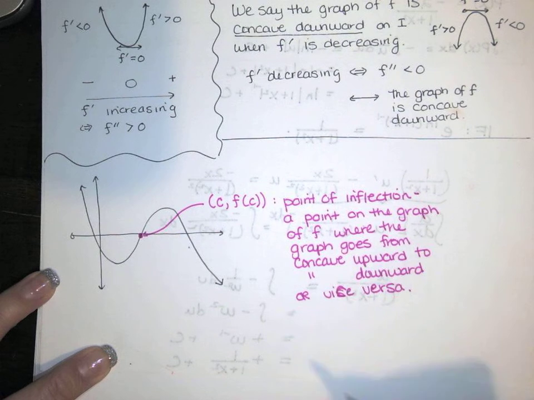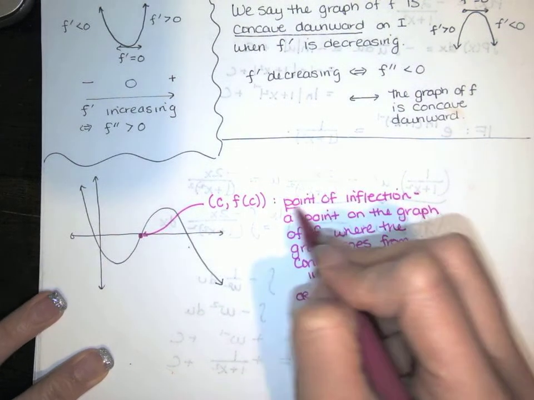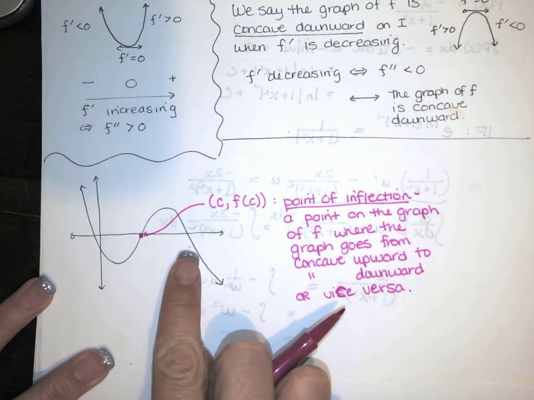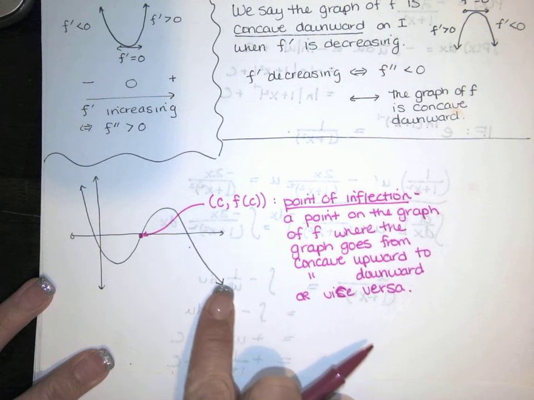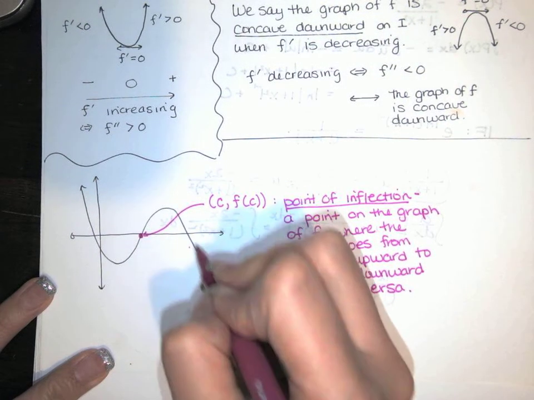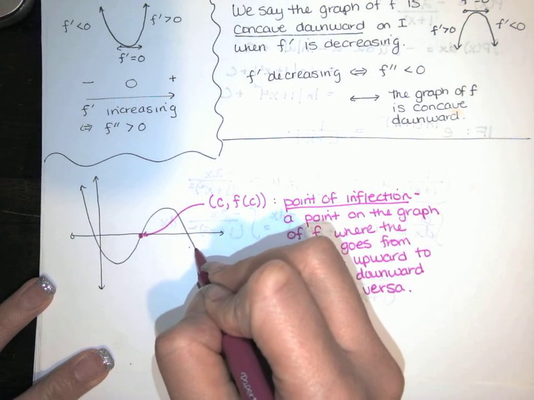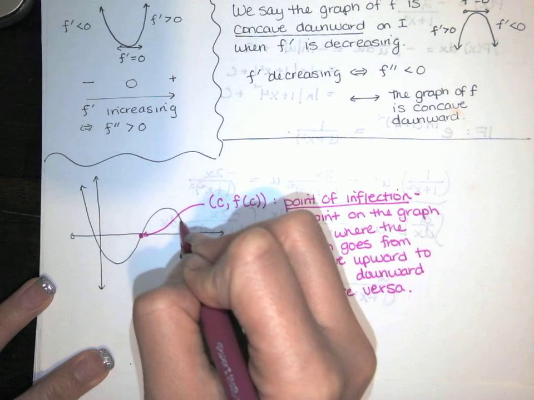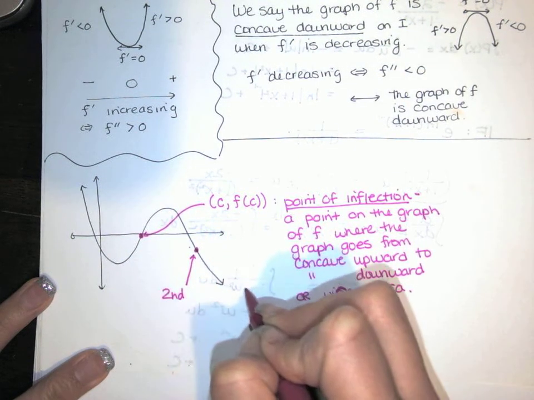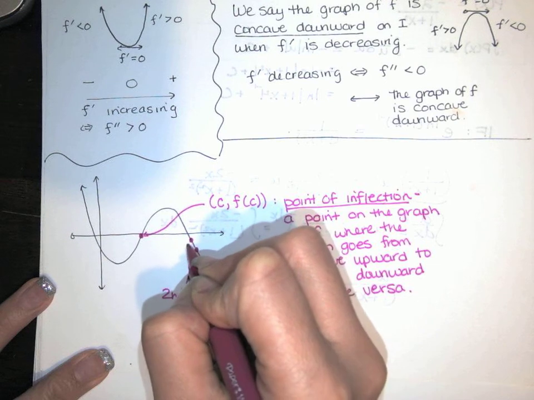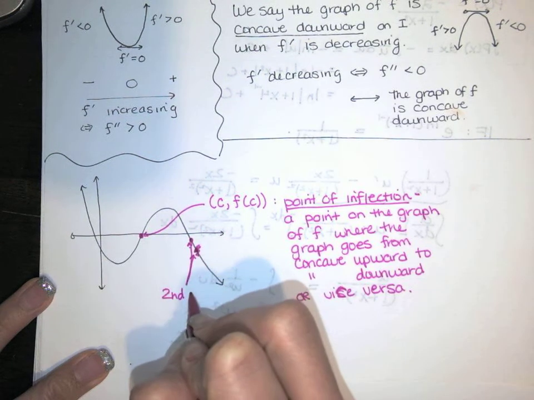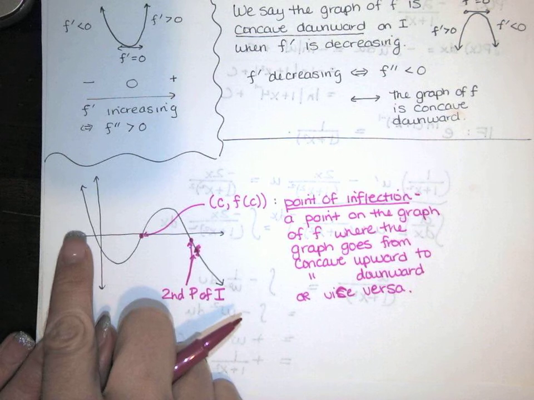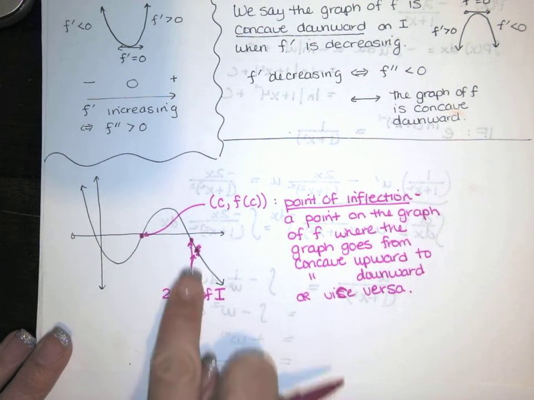So that's a point of inflection. So it's concave upward over here, concave downward over here, and then there's some transition point. You can see it's starting to curve up again. So there's going to be another point of inflection, maybe somewhere around here, because it's concave down, and then at some point it starts curving up again. Maybe that's my second point of inflection. So you have concave upward, concave downward, concave upward.